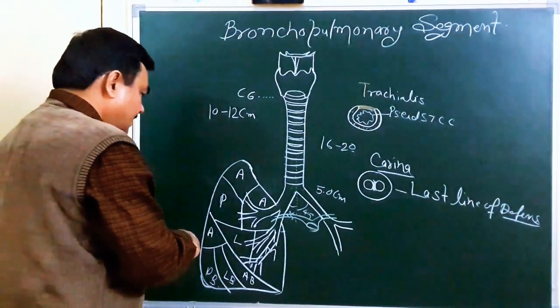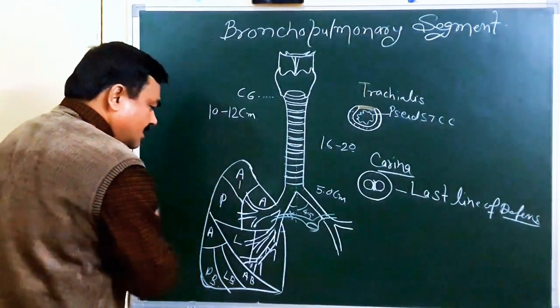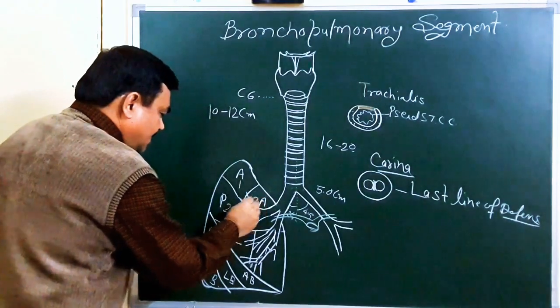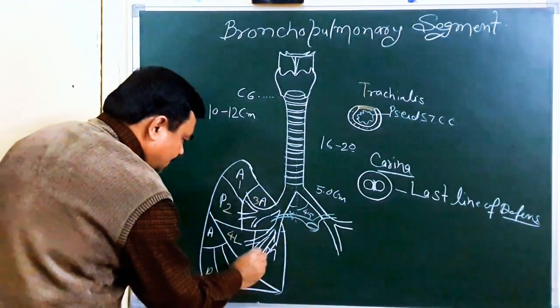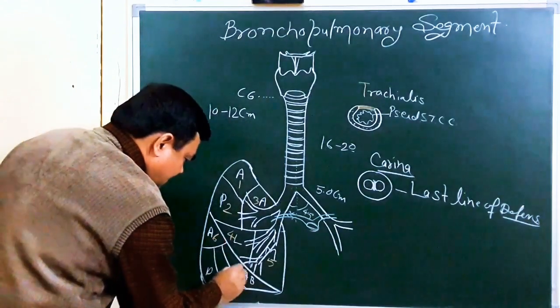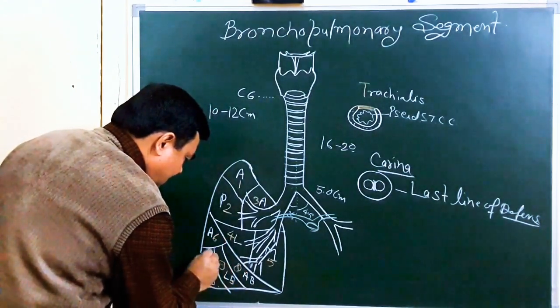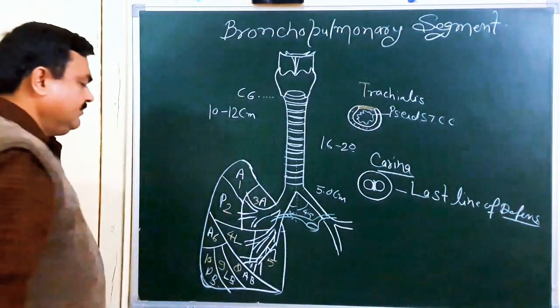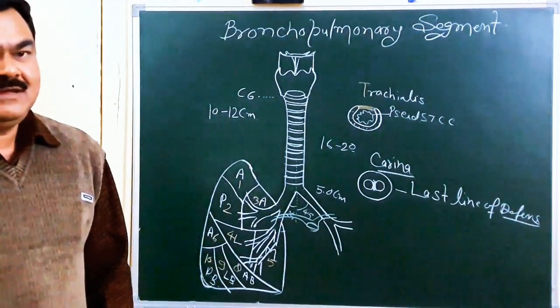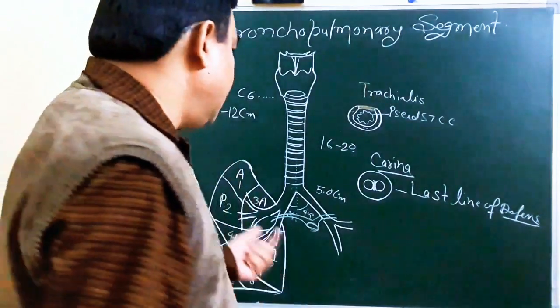Number wise, this is 1, this is 2, this is 3, this is 4, this is 5, this is 6, this is 8, 9, 10. 7th is hidden. Medial basal is hidden, present in inner aspect.